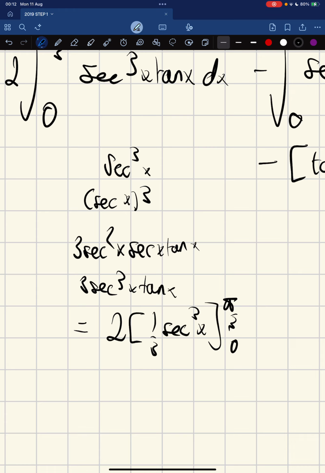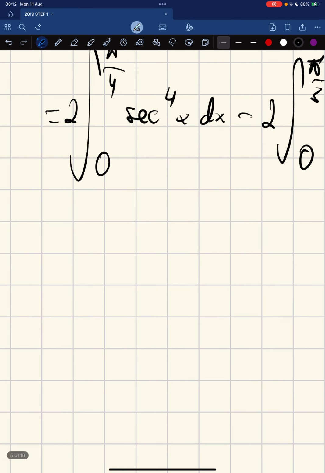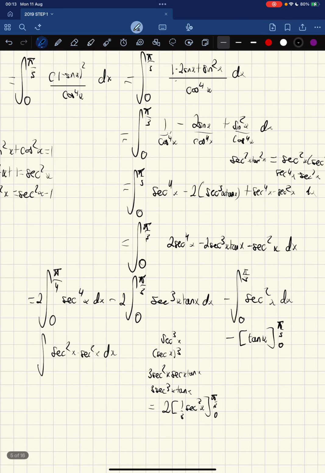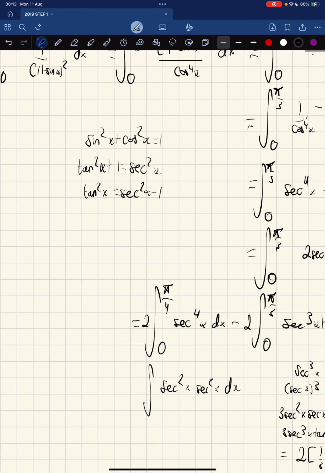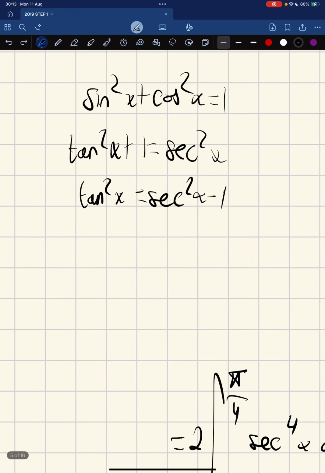Okay, so for the final integration, we're going to rewrite sec to the 4x as sec squared x times sec squared x. So this is going to be our integral, right? So we could do integration by parts here, but I honestly don't think that's the strategy. So we're going to go back here. We wrote tan squared x equals sec squared x minus 1. So we're going to write tan squared x plus 1 equals sec squared x. So we replace one of them here.